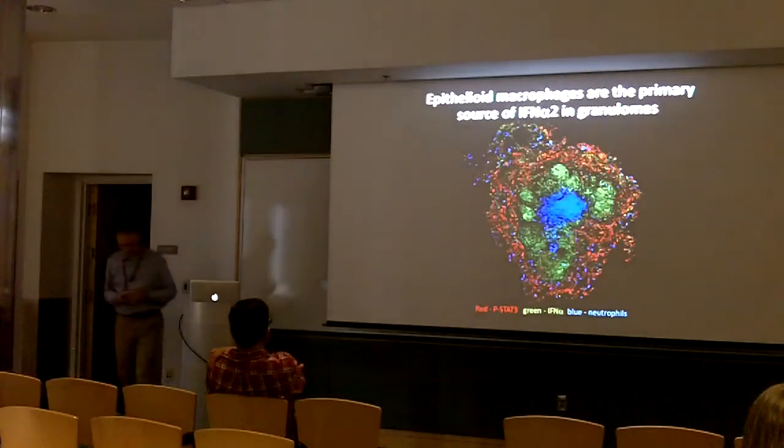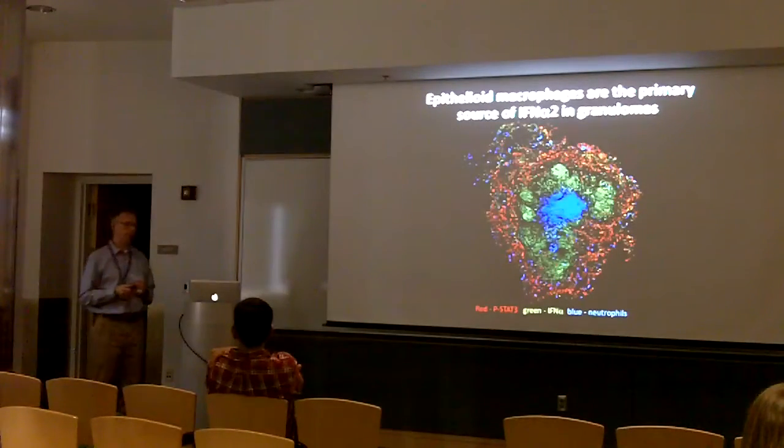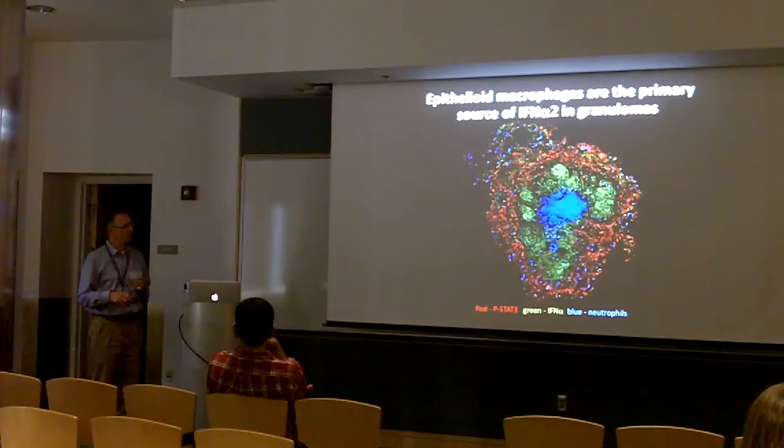But that just looks at signaling. A number of things could go through phospho-STAT3, for example, IL-6, IL-10, interferon alpha, and a whole host of other things, I suspect. But if we look at just the protein, this is interferon alpha 2 in a granuloma. What you can see is this population of phospho-STAT3 positive cells is outside of this population of epithelioid macrophages that stain strongly for interferon alpha.